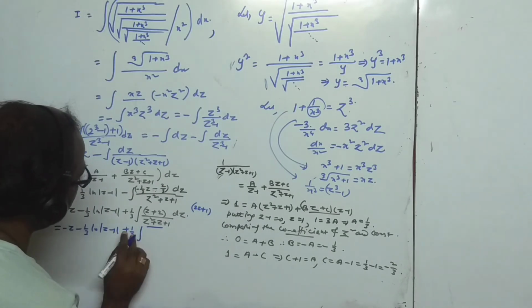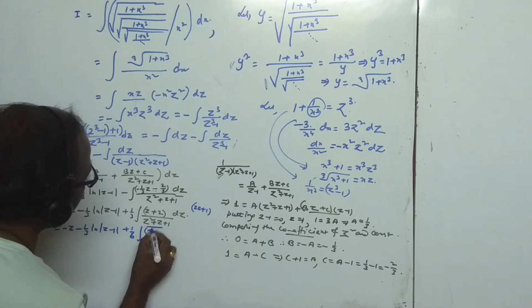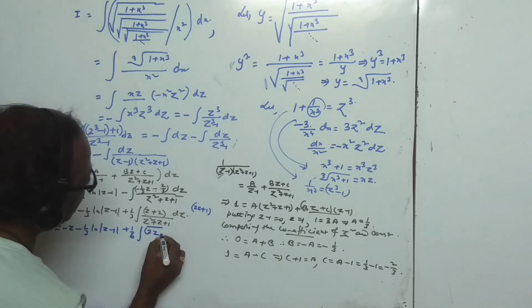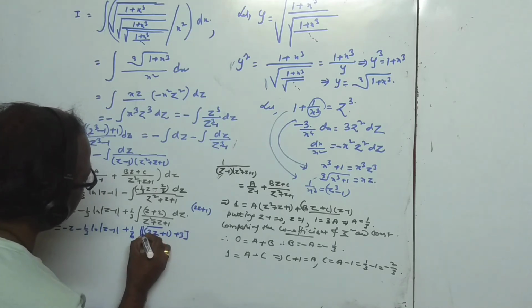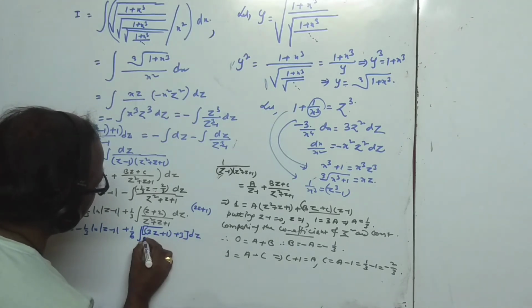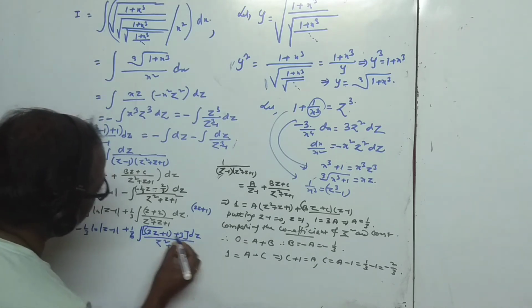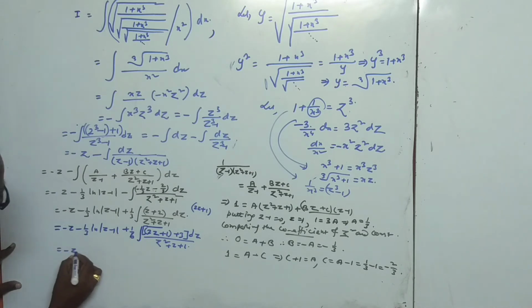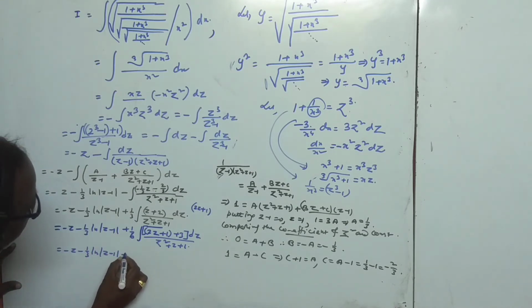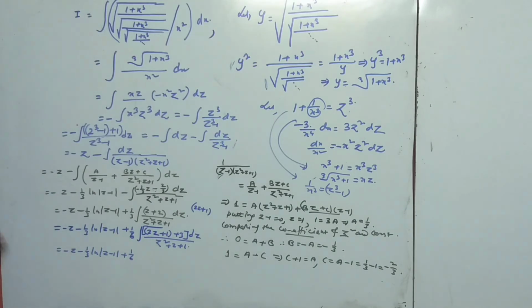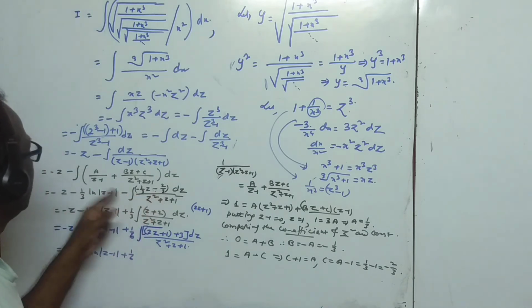So we have to write here, that is 1 by 6, 2z plus 4, that is 2z plus 1 plus 3, and dz by z square plus z plus 1, minus z minus 1/3 ln z minus 1 plus 1 by 6, 1 by 2, 2z plus 4, taking out 1/3.